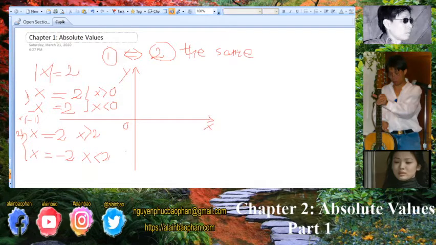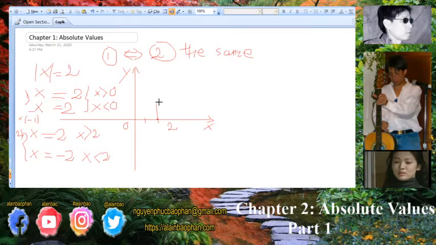Okay, so x equal 2. Let's see here, 1, 2. x equal 2, this one right here.